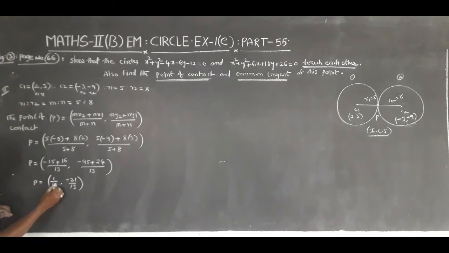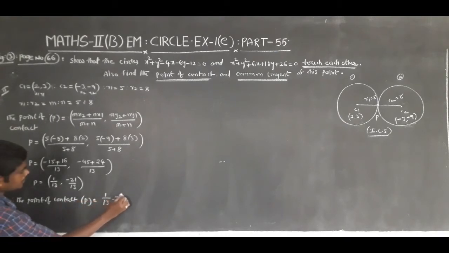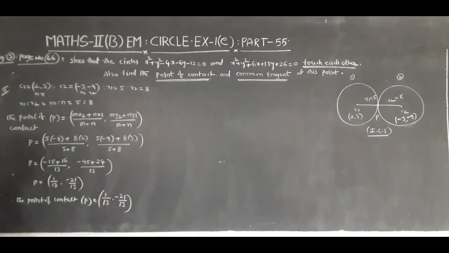This is the point of contact. Therefore, the point of contact P is equal to 1/13 comma -21/13.